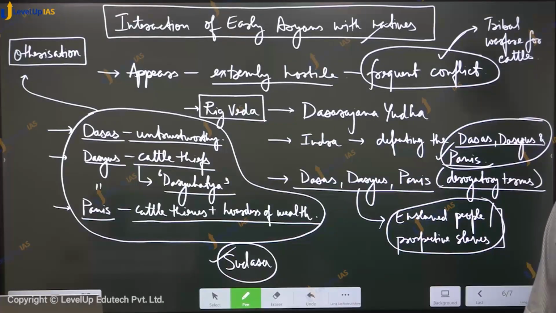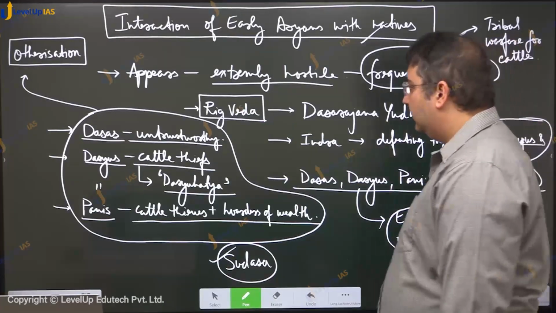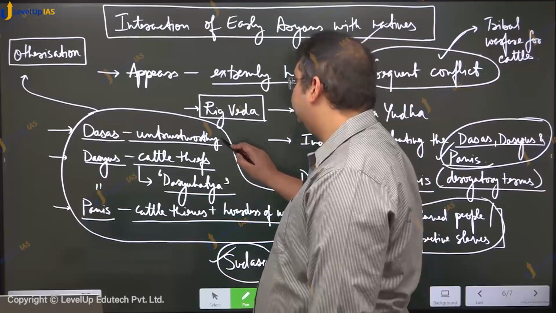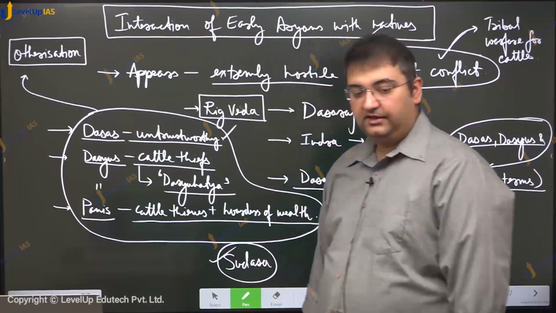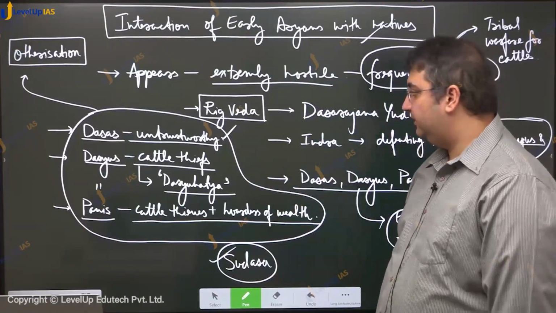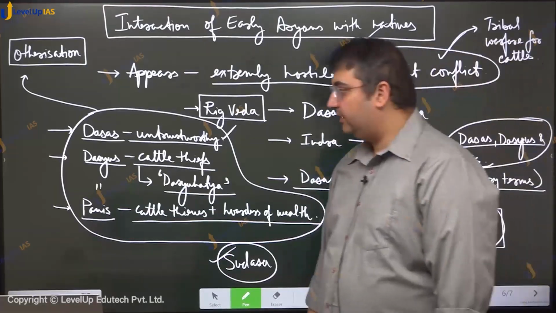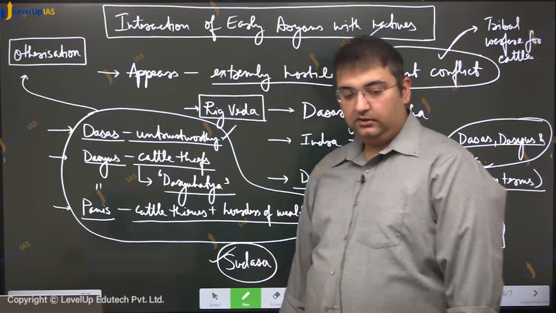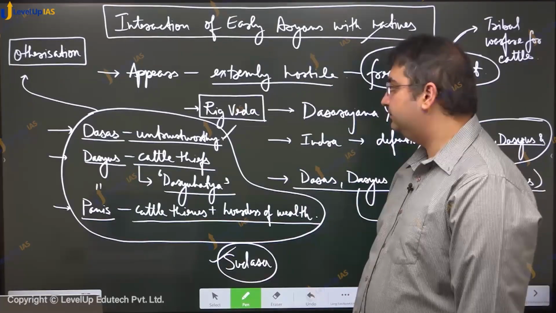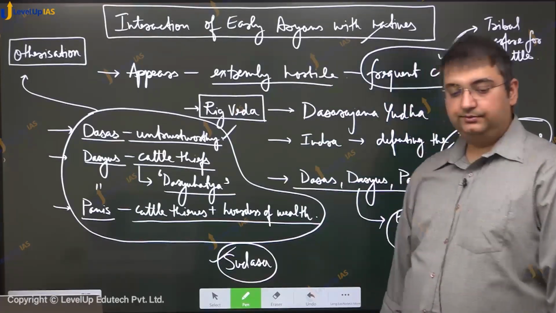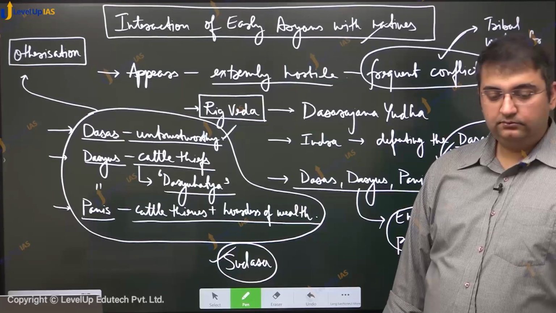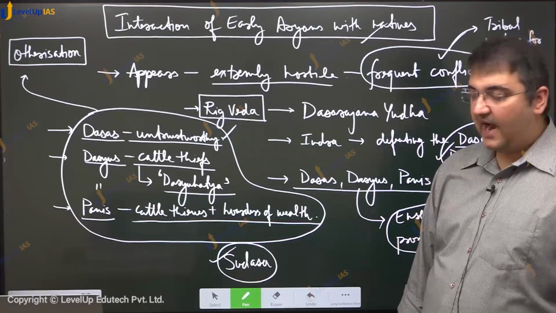Example. Dasas were considered corrupt and untrustworthy. Example number 2. Dasyus were branded as cattle thieves.